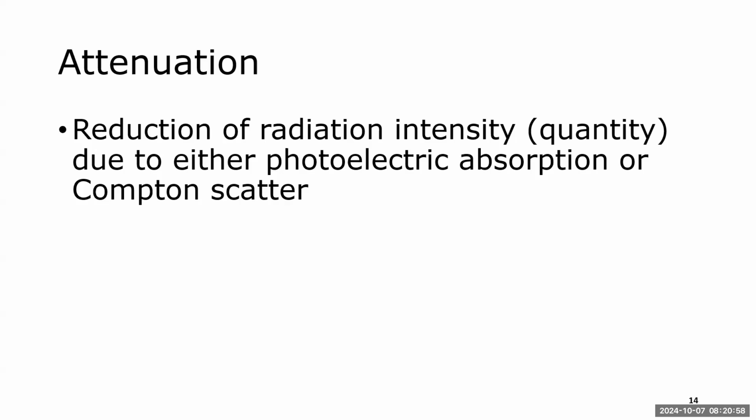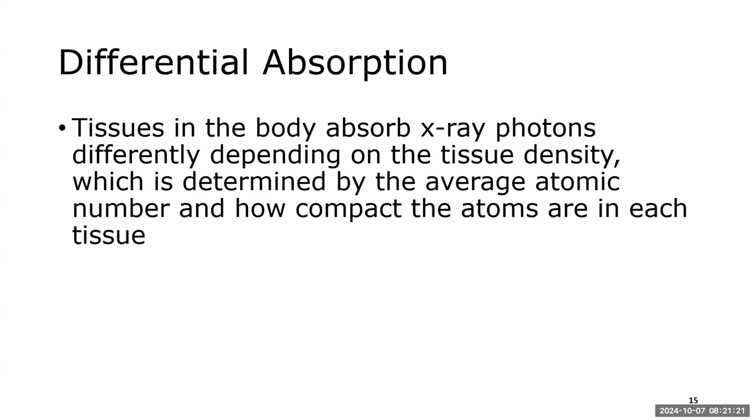Okay, so you have a certain number of photons being directed at the patient, and then you have a certain number that actually make it through the patient, right? So that loss of intensity is due to the photon either being absorbed or scattered. Okay, another definition that you've got to know.